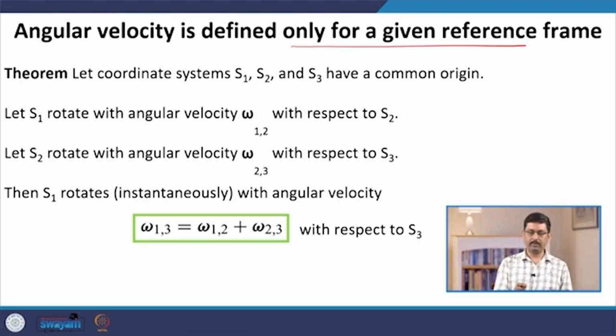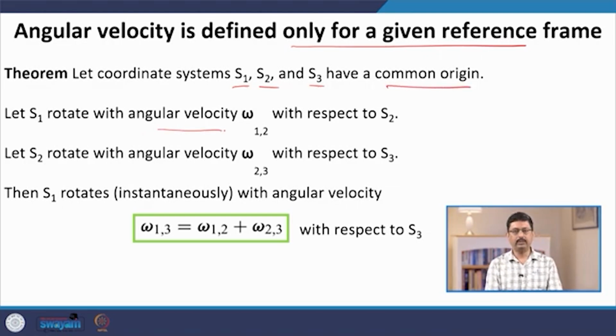For example, if you have 3 coordinate systems or 3 reference frames S1, S2 and S3, let us say that all of them have the same common origin. Then S1 is rotating with an angular velocity omega 1,2 with respect to S2, and S2 in turn is rotating with an angular velocity omega 2,3 with respect to S3.